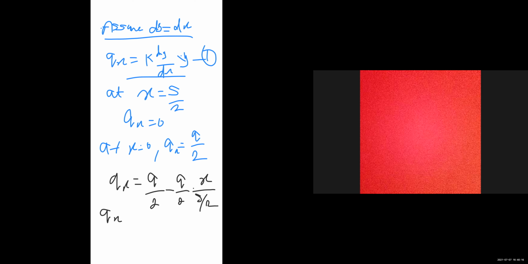Then we can also write Qx equal to Q by 2 into 1 minus 2x by S, equal to Q by 2S into S minus 2x. This is equation 2.